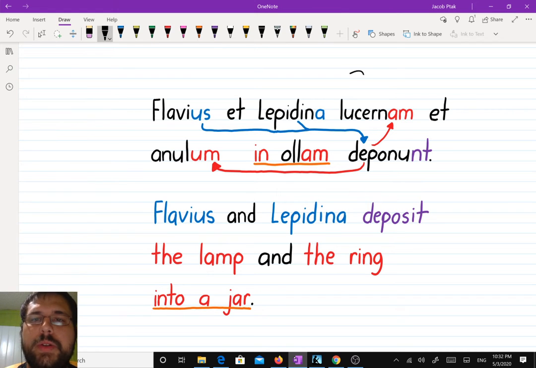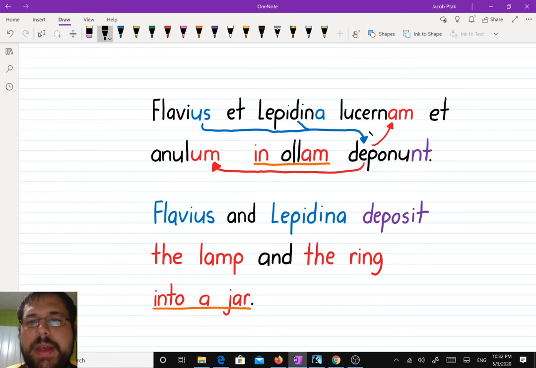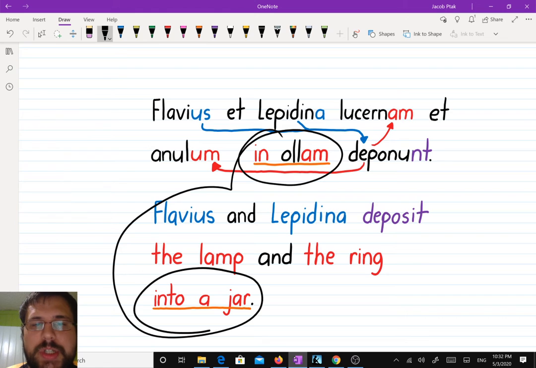So, remember, the word is lucerna et annulus, but we change it to lucernam and annulum to show they are the objects of the verb deponunt. And then you have in olam, which is into a jar.